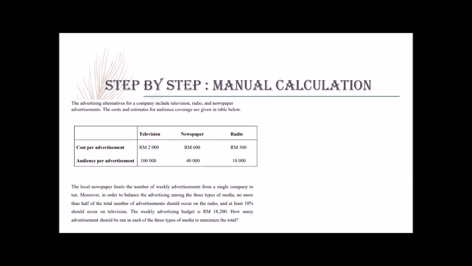Next, for constraint 2, the hint given is the local newspaper limits the number of weekly advertisements from a single company to 10, which means the number of advertisements for newspaper, x2, will not exceed 10. So, x2 is less than or equal to 10.